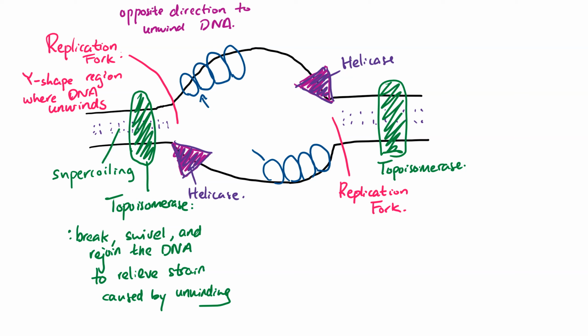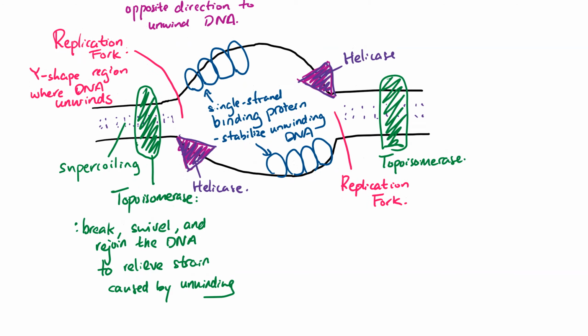They're just going to temporarily bind it in order to stabilize the unwinding DNA. They bind there, stabilize it, and when DNA polymerase comes in and starts synthesizing a new strand of DNA, they're going to leave.